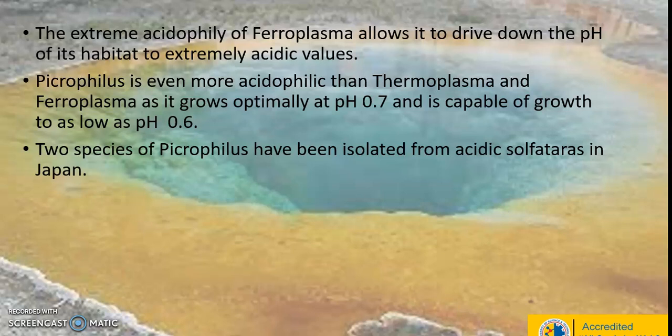Picrophilus is even more acidophilic than Thermoplasma and Ferroplasma, as it grows optimally at pH 0.7 and is capable of growth as low as pH 0.06. These two species of Picrophilus have been isolated from acidic solfataras in Japan.